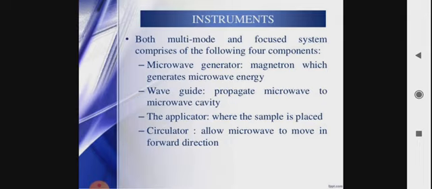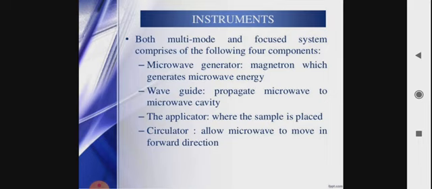Both multimode and focused systems consist of four components: microwave generator, that is magnetron; waveguide, which propagates microwave to the microwave cavity. Then the third part of the instrument, the applicator, where the sample is placed.